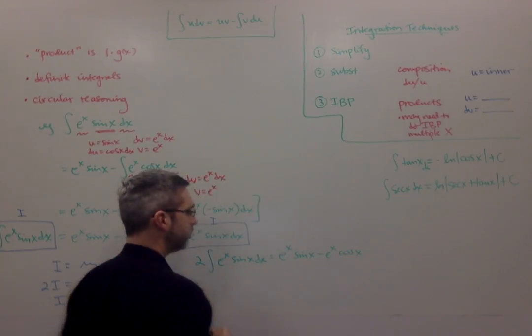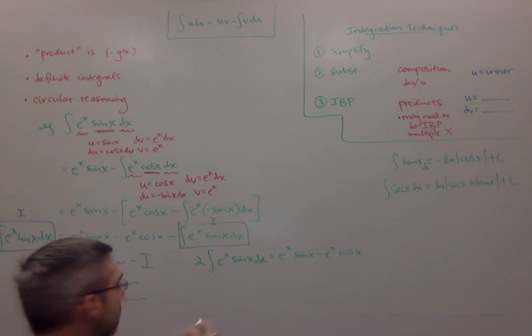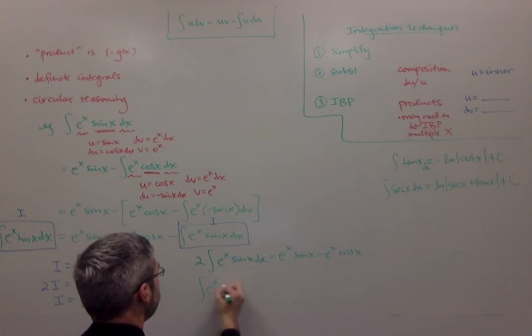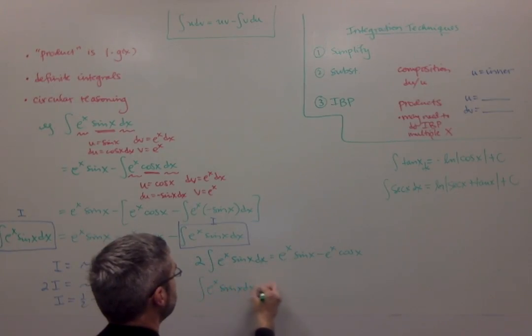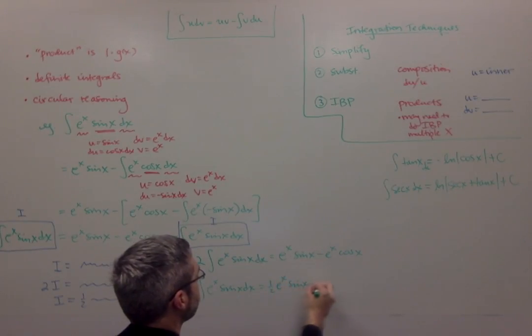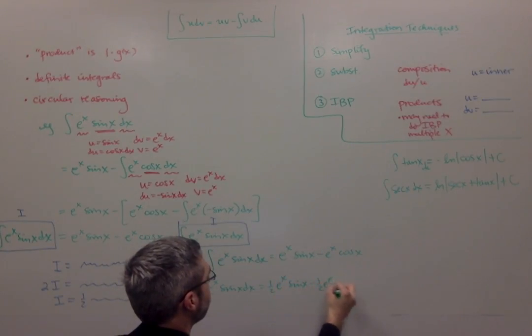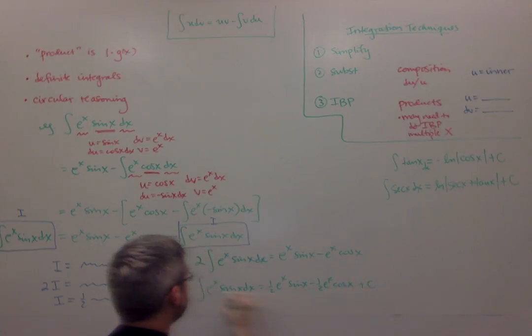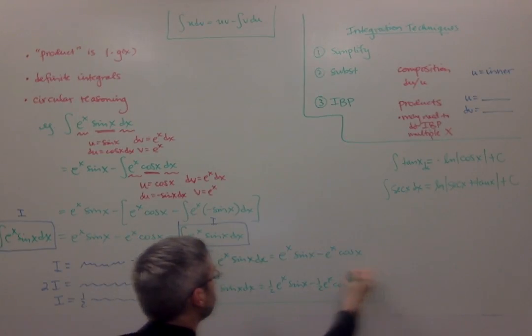So if I divide by 2, I end up getting that the integral of e to the x sine x is 1/2 of this stuff. And of course, I still need a plus c because this is a general antiderivative.